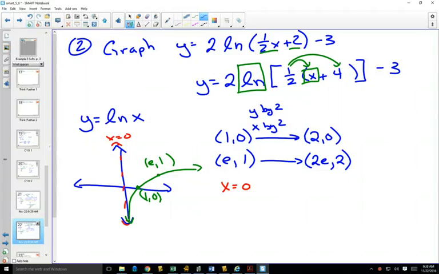So even though there's an e there, you're going to multiply it by 2. Sort of going to act almost like that's a variable. And you just get 2e. Finally, moving left and right, up and down, the 4 is going to move us 4 to the left. The 3 is going to move us 3 down. So we're going to get -2, -3. The 3 down is not hard here.